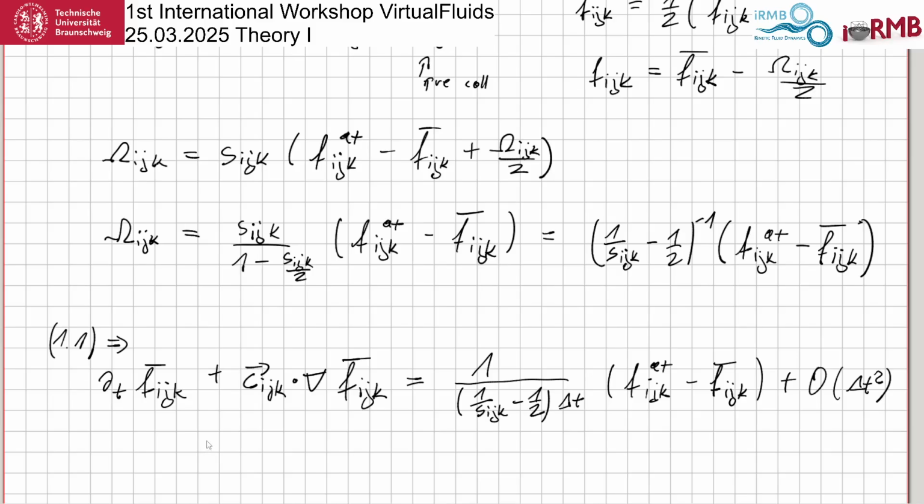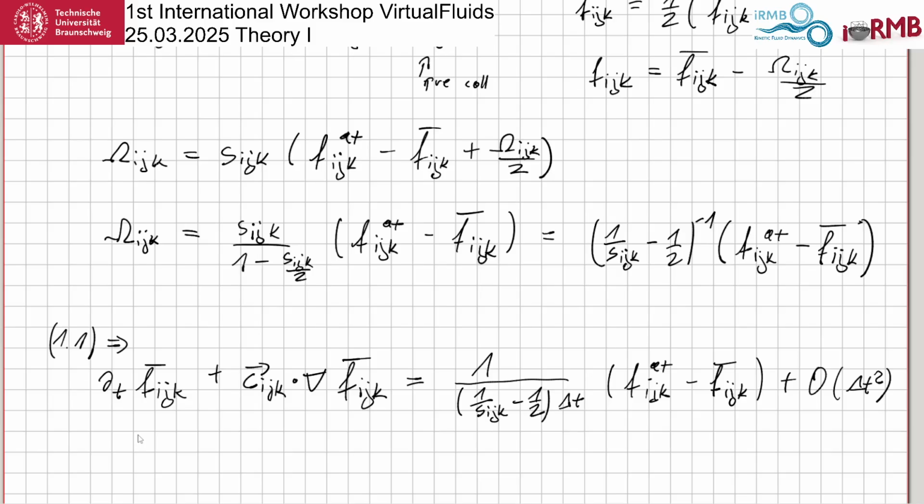So this thing here is a discrete Boltzmann equation. And from the discrete Boltzmann equation solved to second order, you can derive the Navier-Stokes equation, which if you do it by hand will take you 30 minutes to an hour, depending how accurate you are.